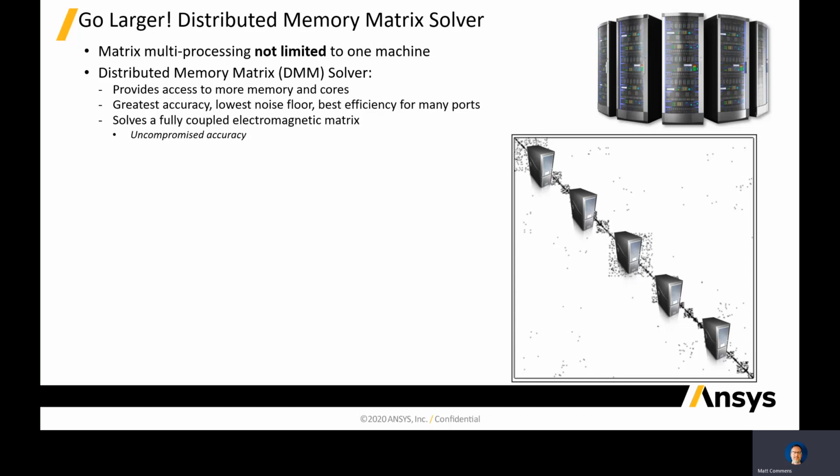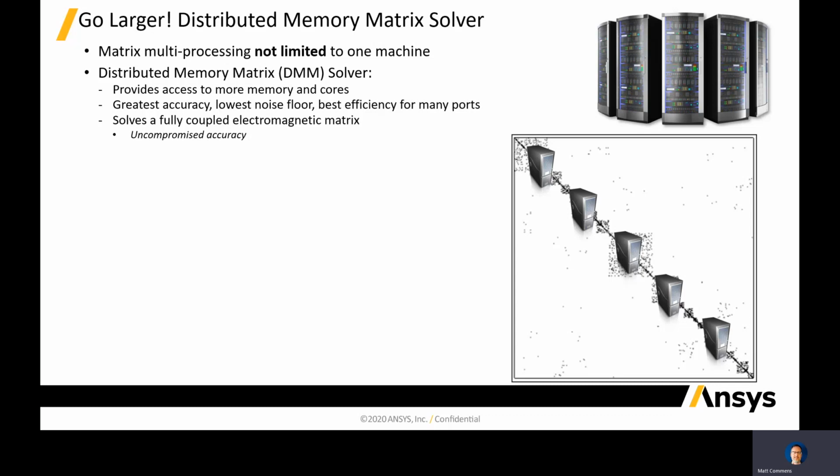But we're still using the very accurate direct matrix solution technology, which provides us the lowest noise floor and best efficiency, especially for designs with many ports. But in the end, we're still solving a fully coupled electromagnetic matrix, and so we're not compromising the accuracy of the solution. Now, conceptually, it's pretty simple to understand.